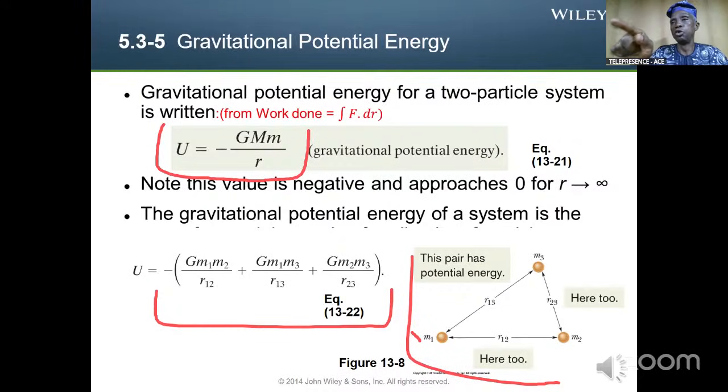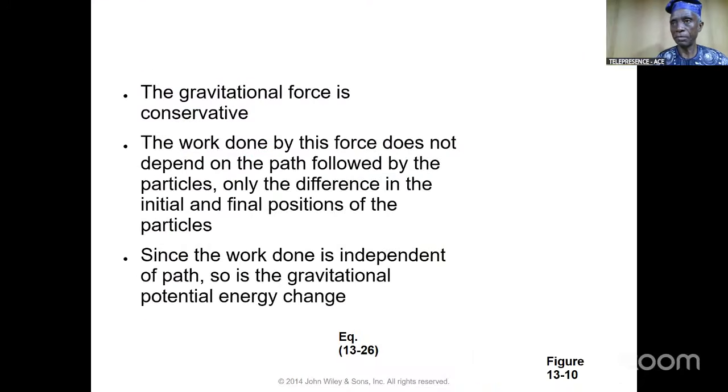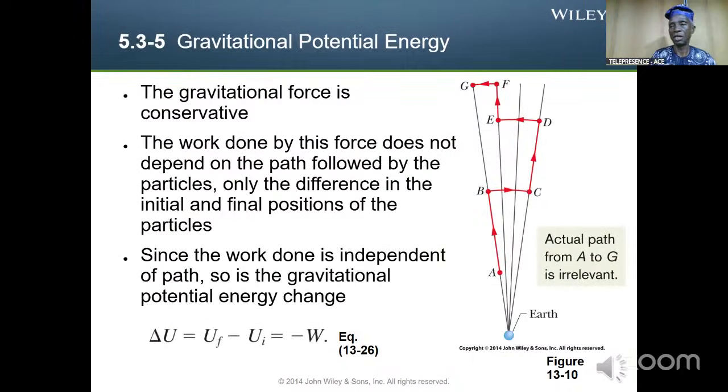So in this case, if U is equal to minus G, M, small m over R, and I supply that amount of energy, the total energy will come to 0, and the other particle is free from the gravitational influence of the big M. So that is what works. This has a practical application when we discuss what we call escape velocities from planets, for instance. Okay, from this chart, you can see that the gravitational force is conservative. It does not matter the distance, the path you choose.